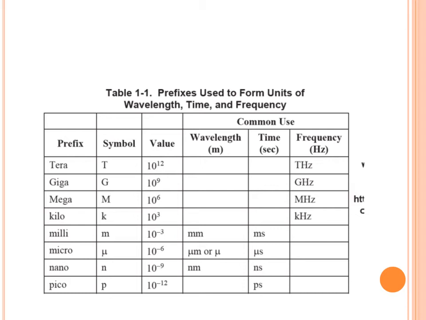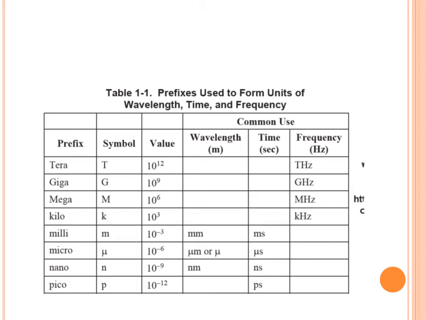And then nano is given as the little letter n, and it's 10 to the minus 9th. So you can measure something in nanometers or nanoseconds. And then pico is 10 to the minus 12th, and you can measure time in picoseconds.